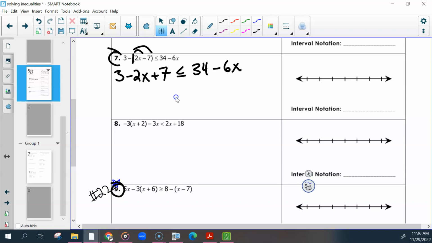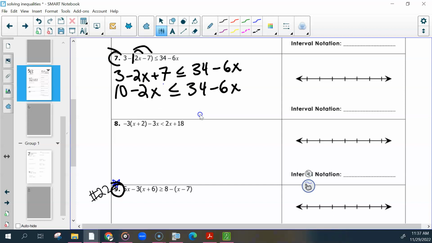Combine your like terms on the same side. The 3 and the 7, 3 plus 7. Alright, 10 minus 2x is less than or equal to 34 minus 6x.